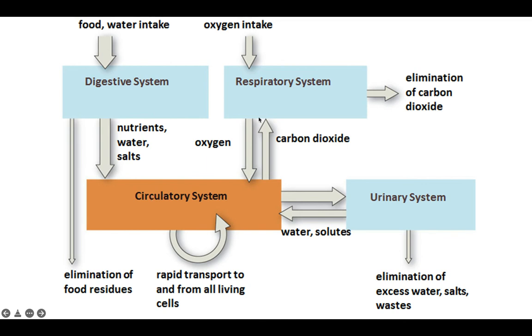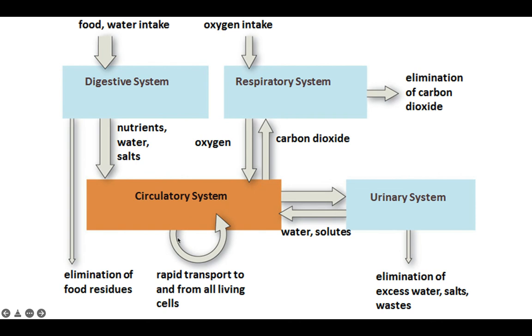Your respiratory system is always bringing in oxygen and bringing out carbon dioxide and exchanging that with your blood. Your urinary system takes out waste products, excess water, and salts out of your blood and puts back in anything we need, like water and solutes. So this right here is returning things to the blood and filtering the blood.